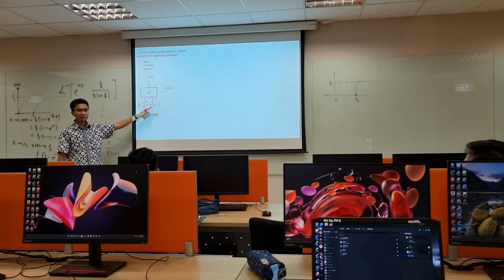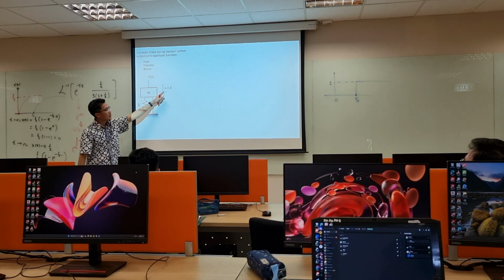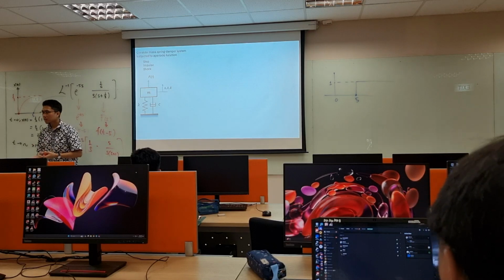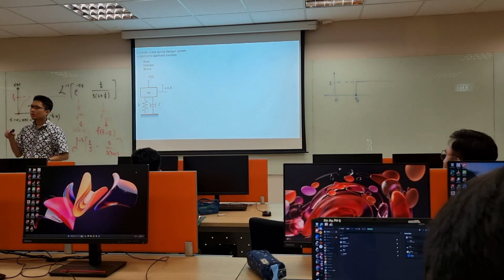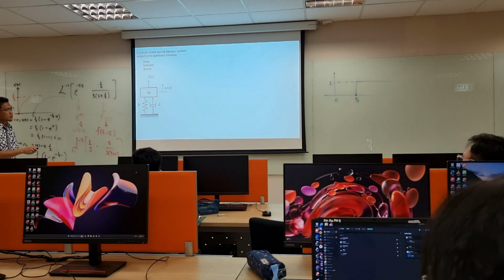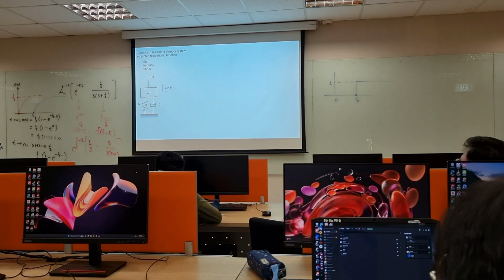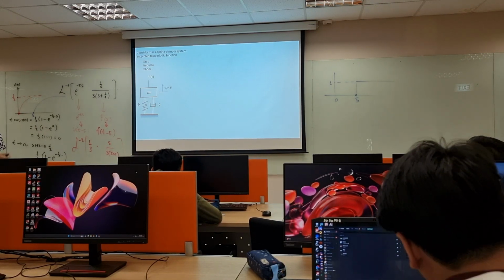Spring, damper, this is mass. The mass displacement is x, x dot is the velocity, x double dot is what? Acceleration, correct. So we give a force in here, and the force could be a step, impulse, shock, or any aperiodic function.